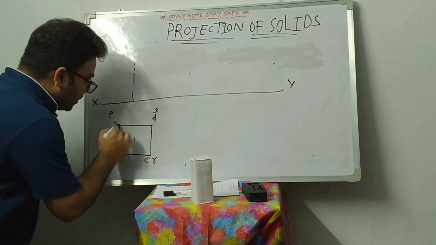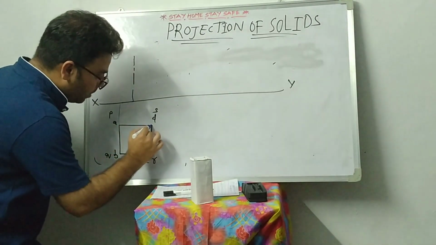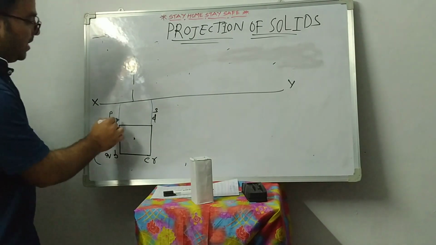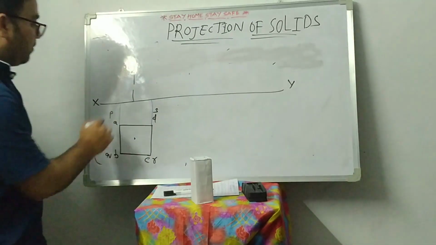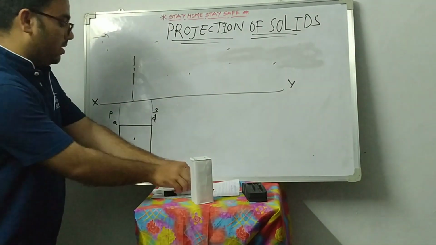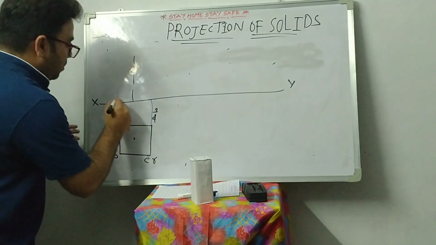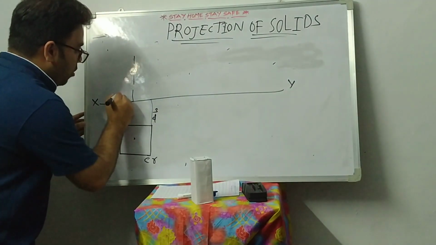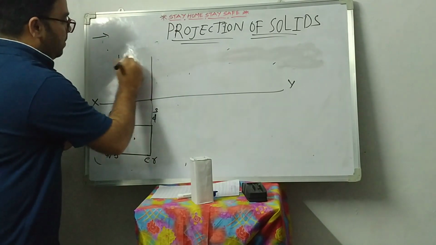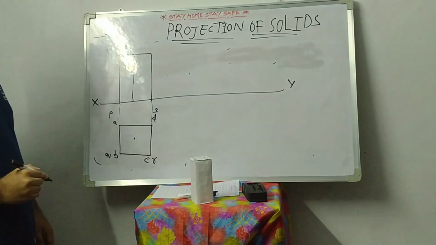So project the line very lightly here, and project the line towards the reference axis. Now you will get the distance. From there onwards, draw the lines. How much height? 60 mm. Now you got the rectangle.